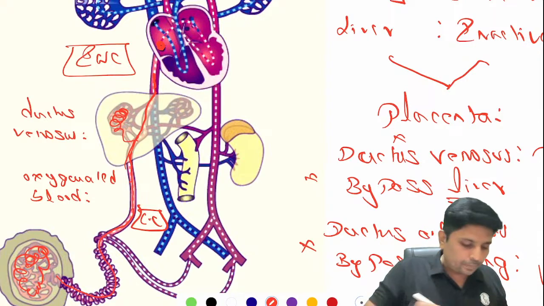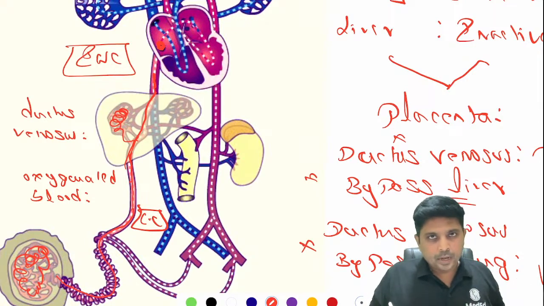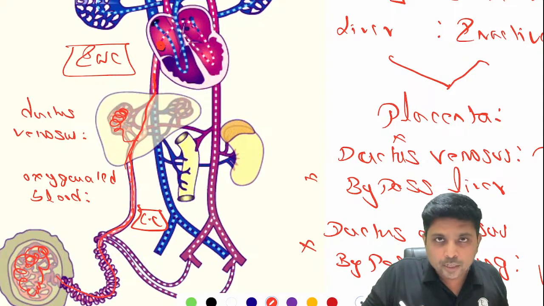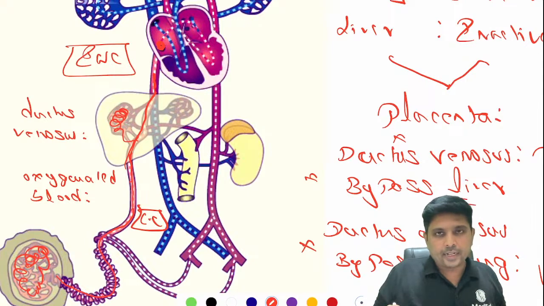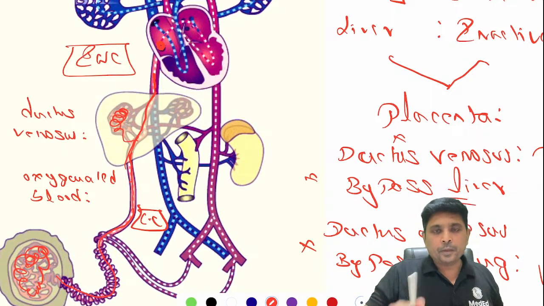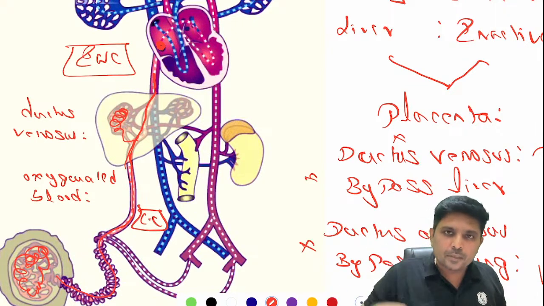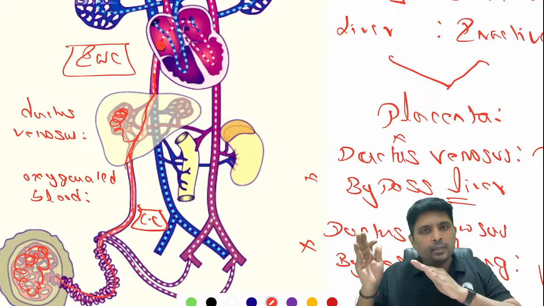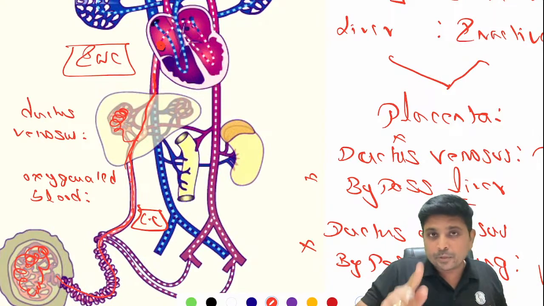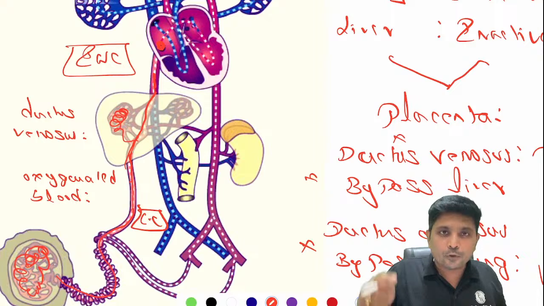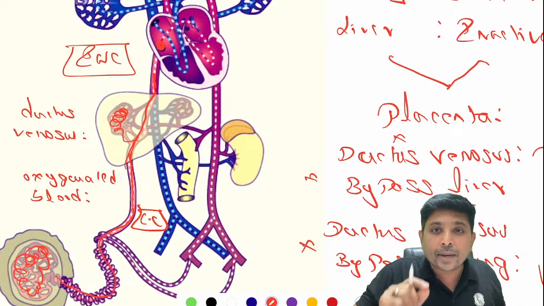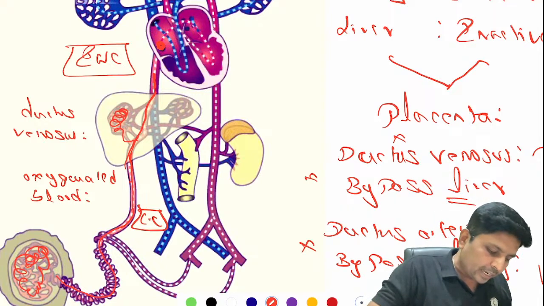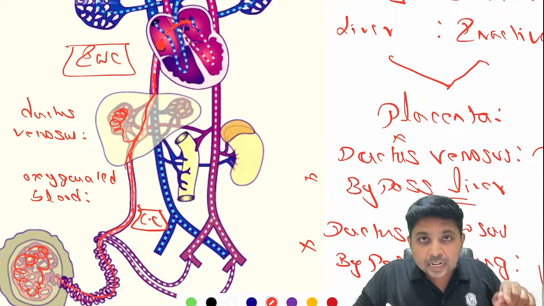This oxygenated blood reaches the right atrium, and you all know that the blood that comes to the right atrium through the inferior vena cava will go to the right ventricle, but that is after birth. Before birth, the blood that comes to the right atrium is oxygenated, so instead of going into the right ventricle, it traverses across the patent foramen ovale and reaches the left atrium.